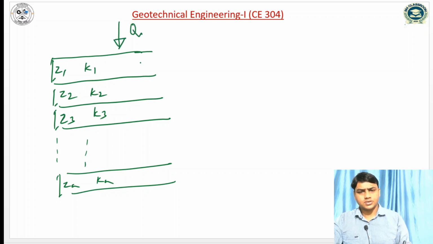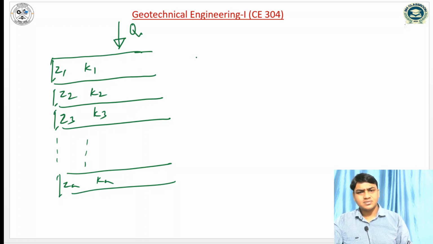Let us assume this is Q. So in this case, firstly flow will come to this layer, and after that this layer, this layer, this layer, but the magnitude of the flow will be the same, or magnitude of the discharge or velocity will be the same.